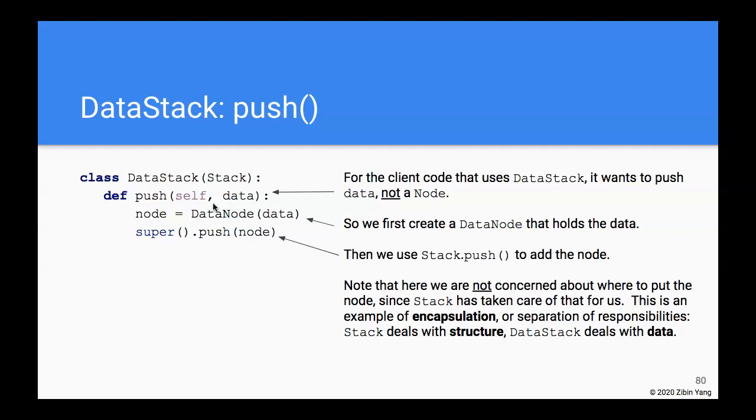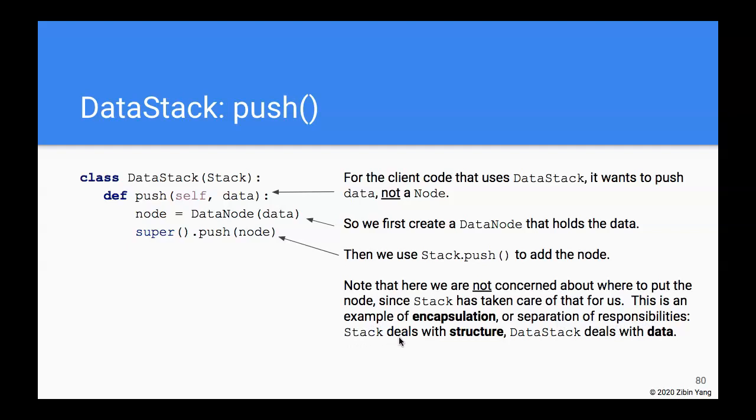So there's nothing for DataStack's push to do really, other than to construct a data node and use stack.push to push that. So this is another very good example of encapsulation or a separation of responsibilities, where stack deals with data structure.